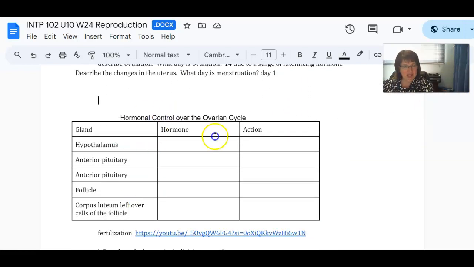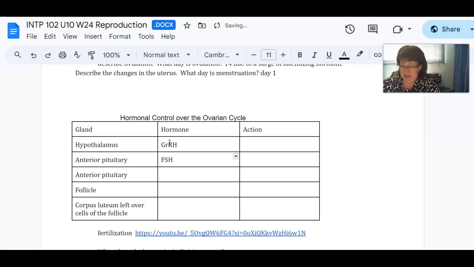So when we look at the hormones, in order to understand, the hypothalamus releases gonadotrophin releasing hormone, which will then act on the anterior pituitary to release 2 hormones. Let's start with follicle stimulating hormone.